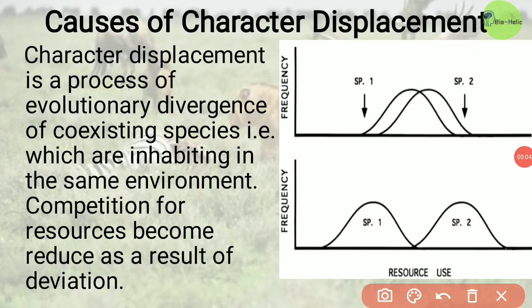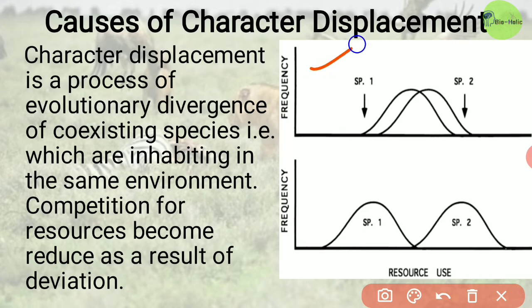Now, what are the causes of character displacement? Character displacement is a process of evolutionary divergence of coexisting species, that means species which are inhabiting the same environment. So, the competition for resources is reduced as a result of deviation.